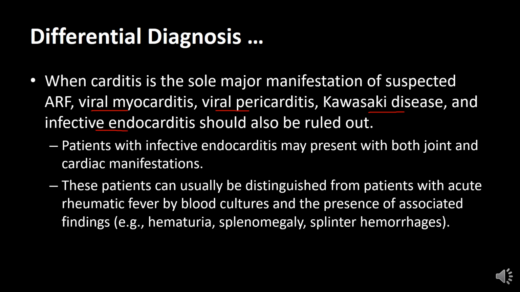Now, remember, when we're talking about differential diagnosis, it is usually the answer to this question, what else could it be? And so even as we have talked about rheumatoid arthritis, systemic lupus erythematosus, and now we are talking about carditis by itself, we are asking ourselves, what else could it be? And the answer comes because of how else the patient is presenting.